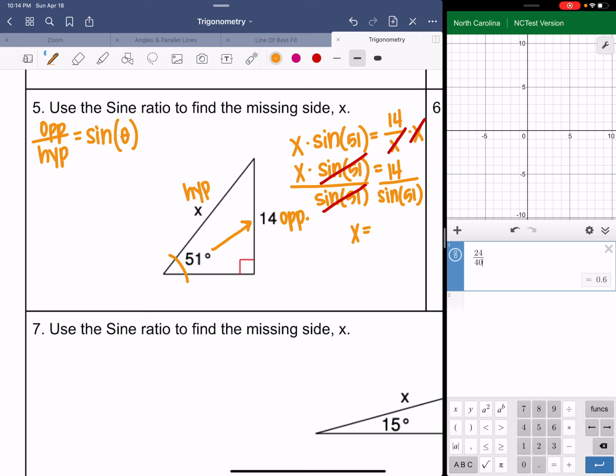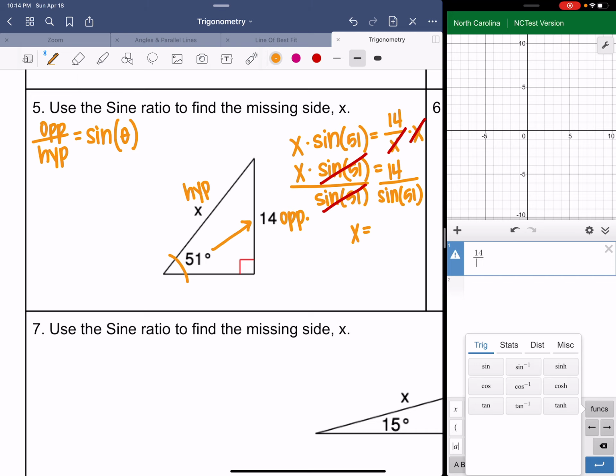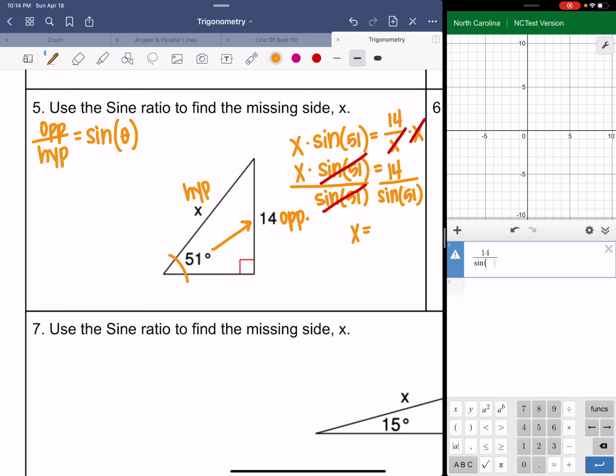Now we can evaluate. So we're looking for 14 divided by sine of 51. So we got 18.01. We're going to round to the nearest tenth, so that would just be 18.0.